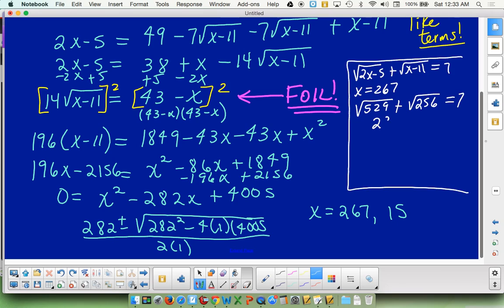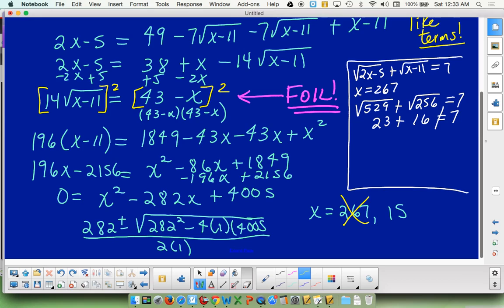That will give me 23 plus 16 equals 7. Does that check? No, it does not. So therefore, 267 is not a solution. It's what we would call an extraneous solution, because it was a solution that did not check.